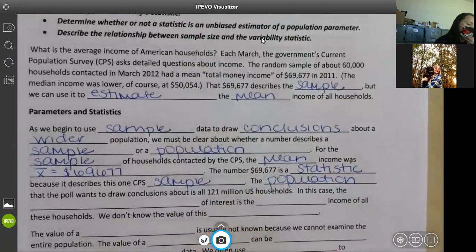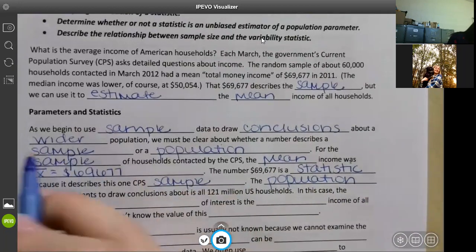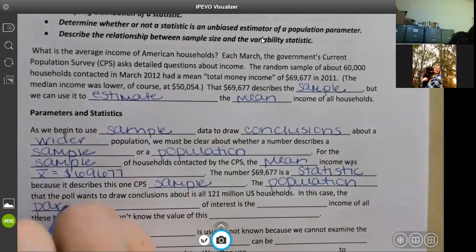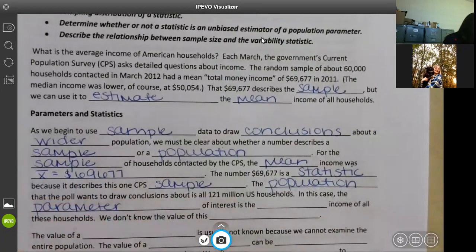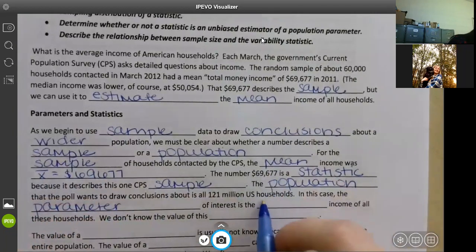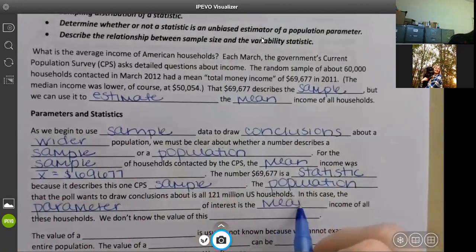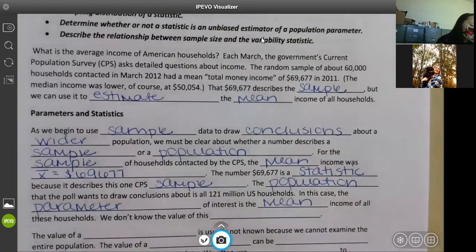The population that the poll wants to draw conclusions about is all 121 million US households. In this case, the parameter of interest is the mean income of all these households. We don't know the value of this parameter.